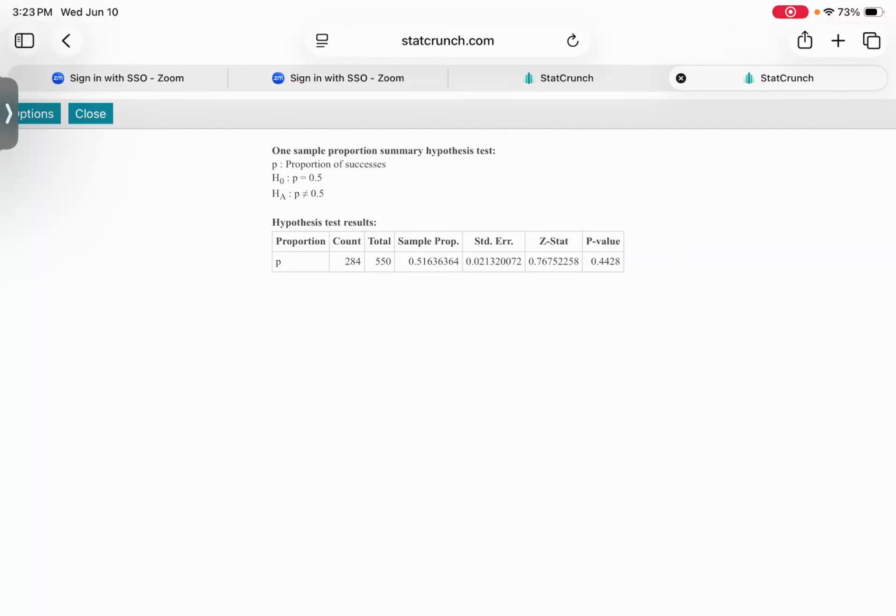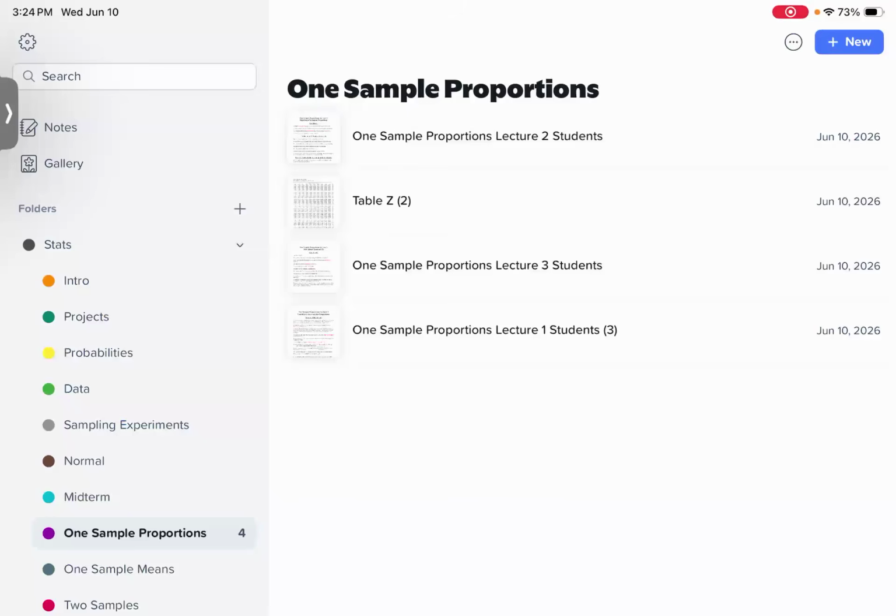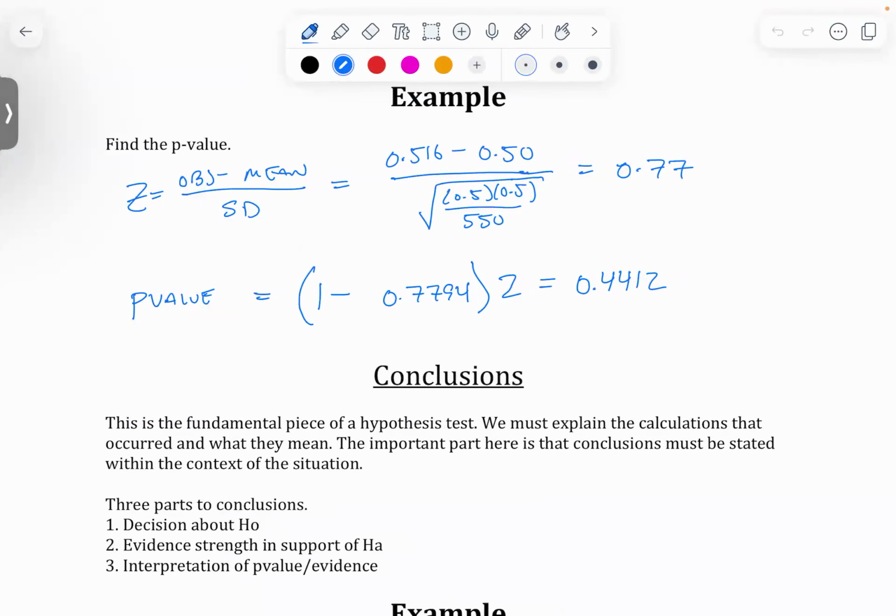And notice the Z-stat is 0.77675, and their p-value is 0.4428. Now, ours was 0.4412. That's because they're doing a more precise calculation. We rounded our Z-stat value to 0.77 to look it up in our table, so they have the exact value. 0.4428 versus 0.4412 doesn't actually change the calculation, but just be aware they are slightly different. And it doesn't change our conclusions either.